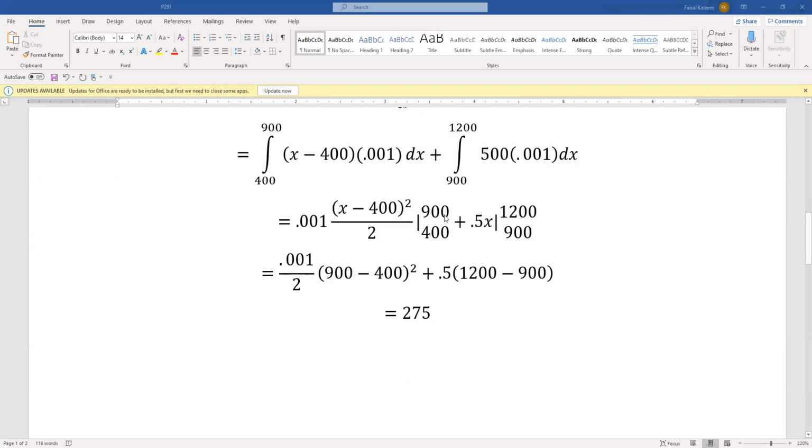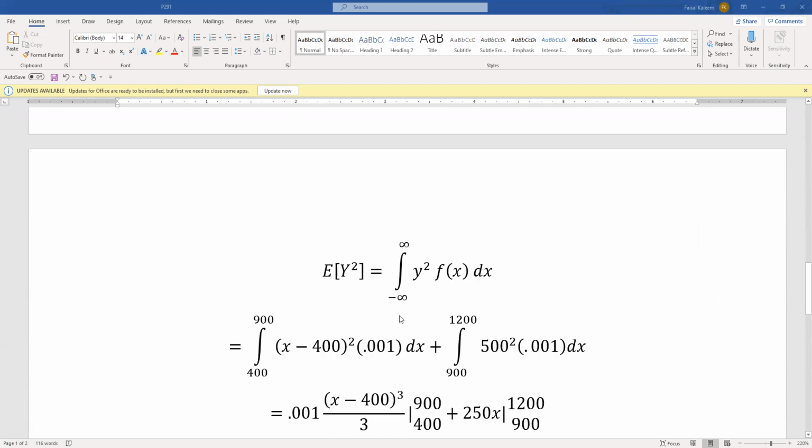Then you put in the limits. The upper limit is 900, so 900 minus 400 squared, times 0.001 by 2, is written separately. When you put in the lower limit of 400, 400 minus 400 is 0, so I haven't written that. Then here 0.5 is the constant, and x would be 1200 for the upper minus 900 for the lower. And this all simplifies to 275. That was E of Y.